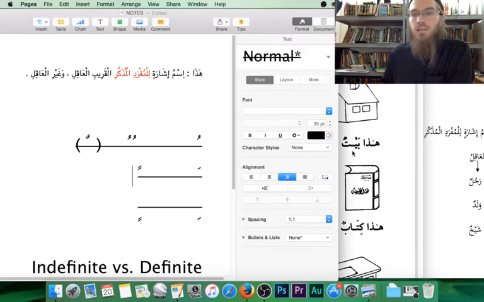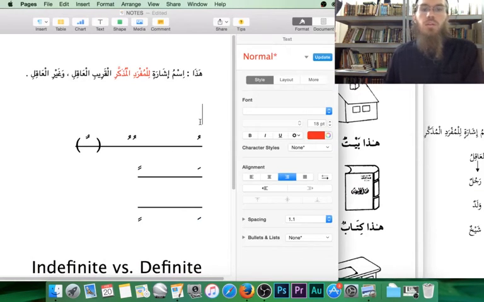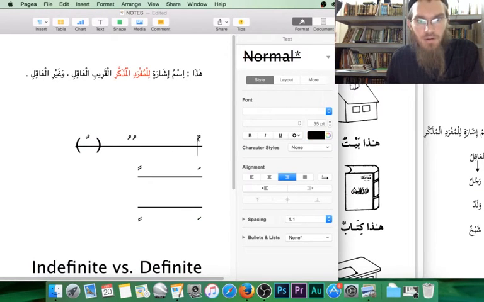And the last thing that we want to mention in regards to these examples is that they all end in un. Hadha baytun, hadha masjidun, hadha babun. So when we learned how to read, we learned that there are harakat. There's a damma, a fatha, and a kasra.